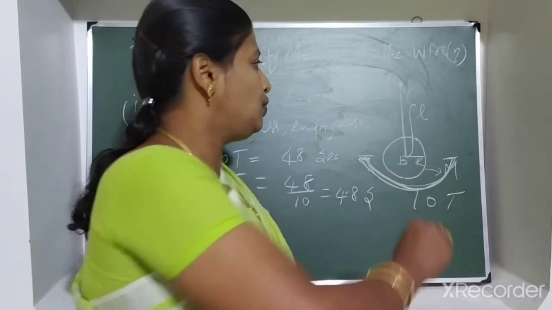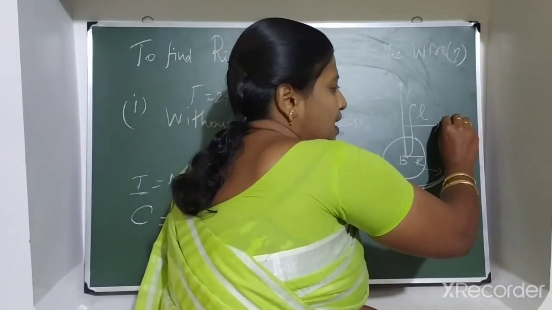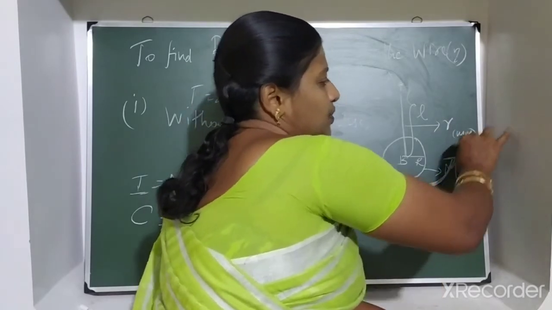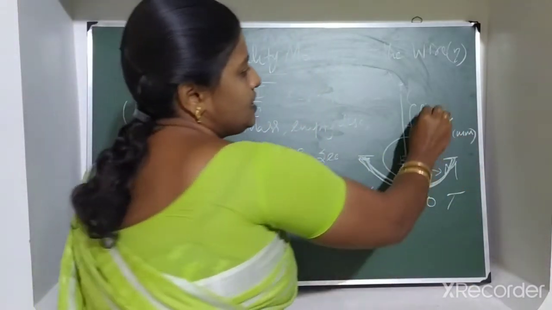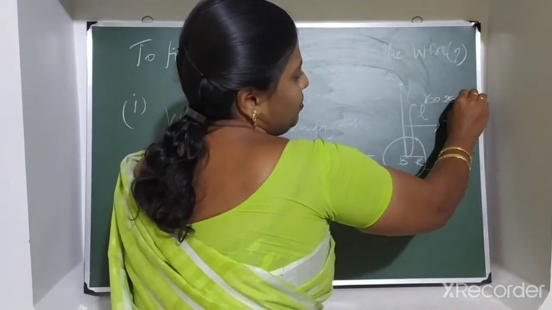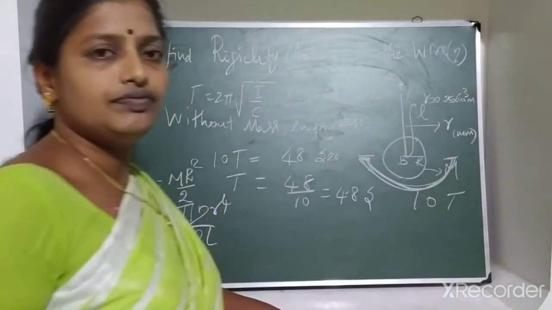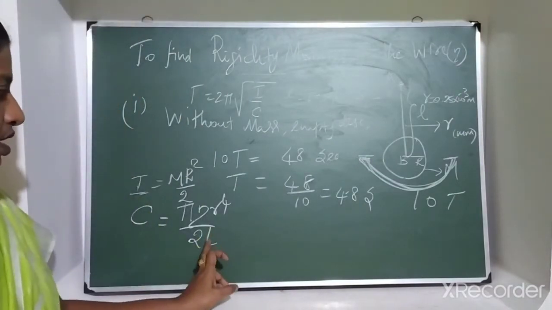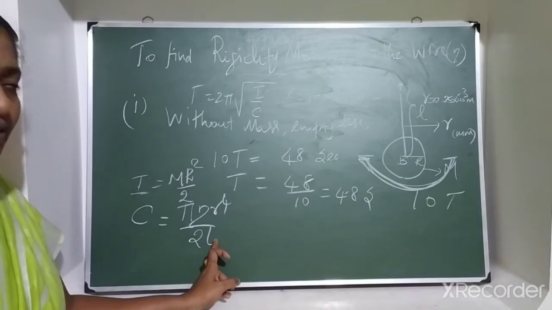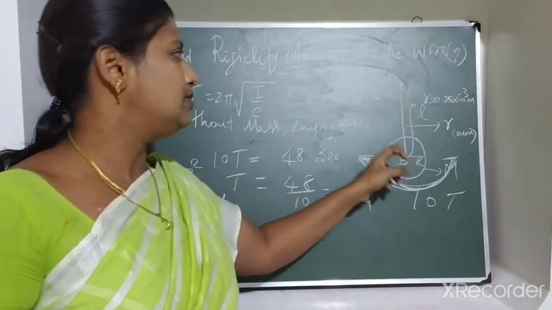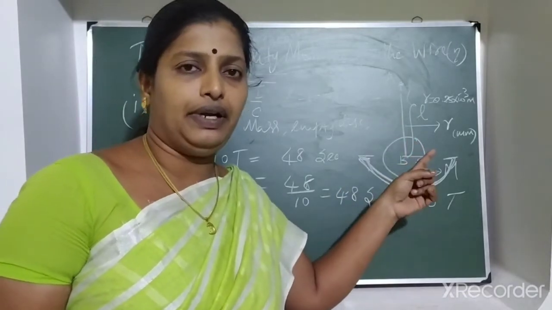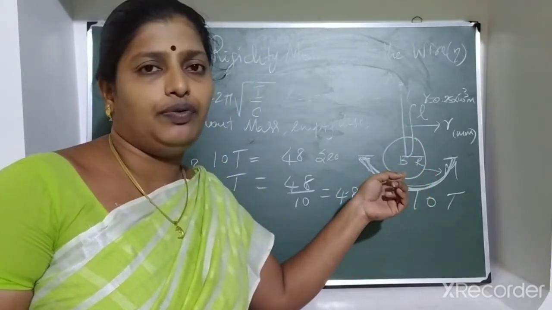Using a screw gauge reading, find the diameter of the wire and divide by 2 to get the radius. It is in millimeter units. For example, r equal to 0.25 into 10 power minus 3 meter, to the power 4, divided by 2 and the length of the wire. We have to fix this wire at 80 cm, 90 cm, 100 cm, or 70 cm. Okay, depending on the length, the oscillations are found.